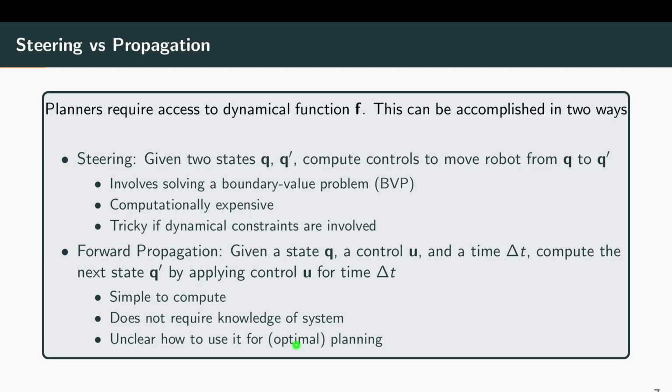And so an alternative approach is what is sometimes known as steering, sometimes also more known as connect. And here the idea is, let's say we are given 2 states, and then we want to just somehow magically, automatically compute how we can move from the first state Q to the second state Q prime.